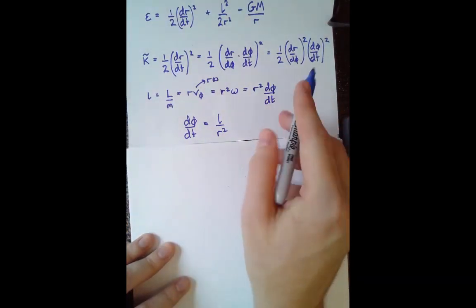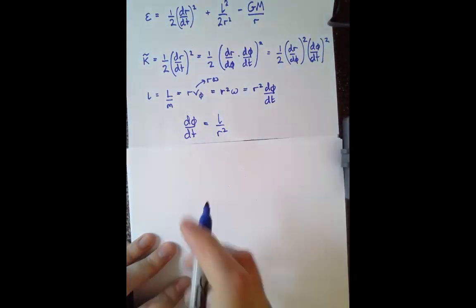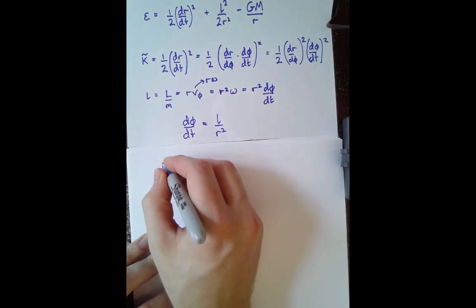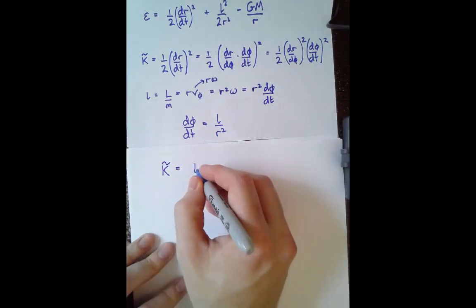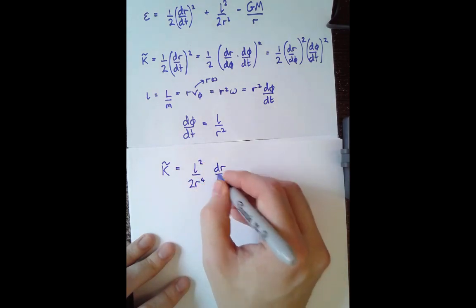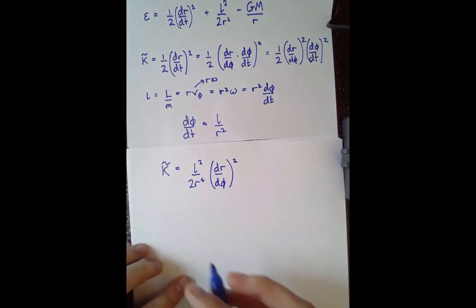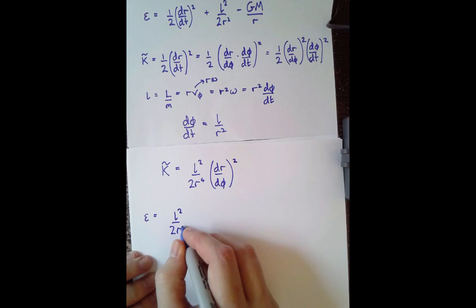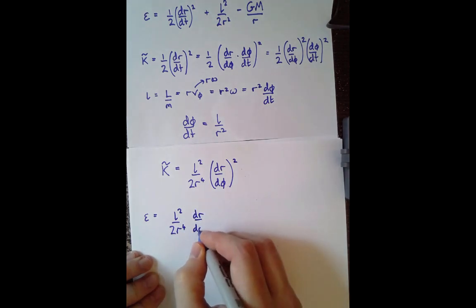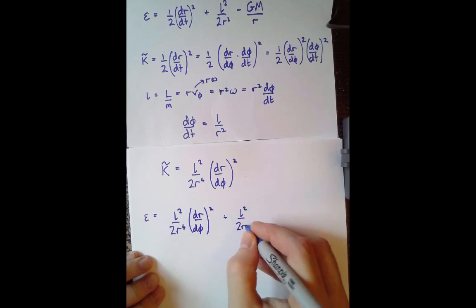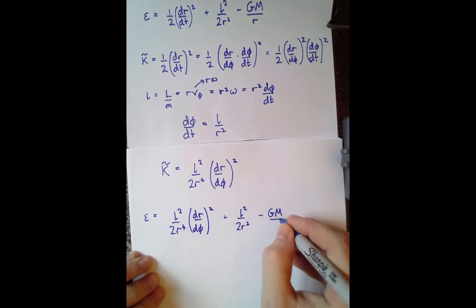That means (dphi/dt) squared can be written as l squared over r to the 4, and K tilde is equal to l squared divided by 2r to the 4 times (dr/dphi) squared. The total energy is equal to l squared over 2r to the 4 times (dr/dphi) squared plus l squared over 2r squared minus GM over r.